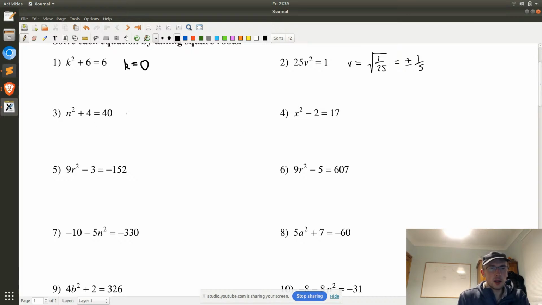N squared equals 36, so N equals plus or minus 6. Add 2, so X equals plus or minus the square root of 19. Add 3, so negative 1, 4. Negative 149.